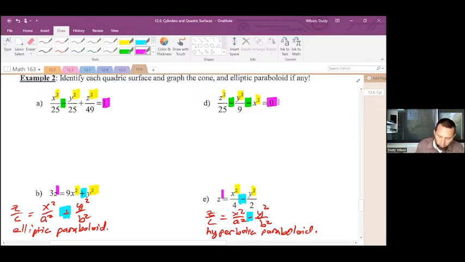So if I'm looking for A, and I was looking for one negative and equal to 1, I would notice this is of the same form as the hyperboloid of one sheet, x squared over a squared plus y squared over b squared minus z squared over c squared equals 1.